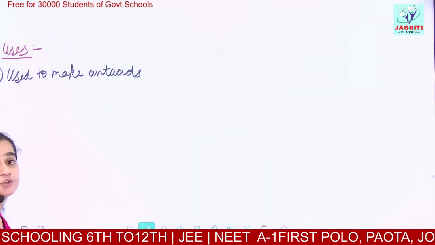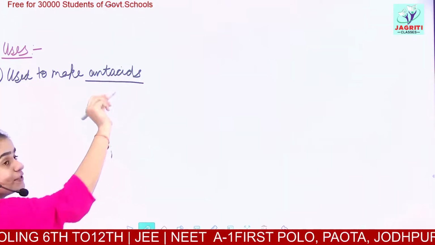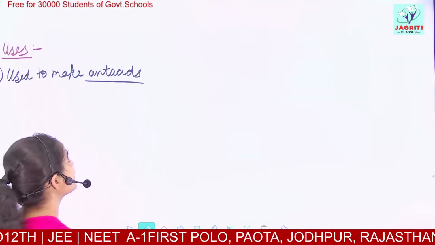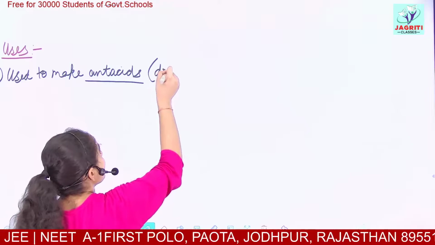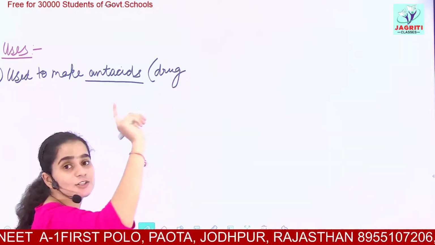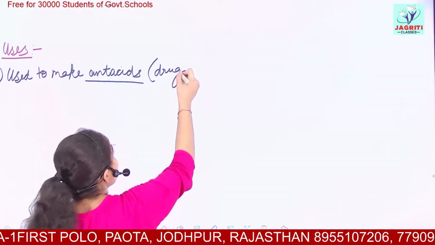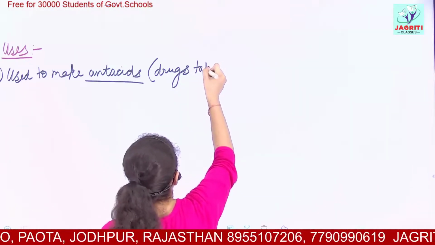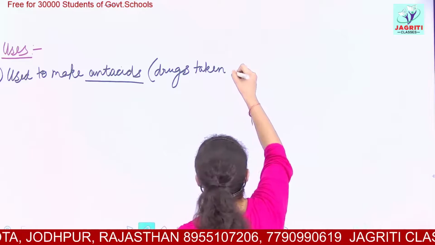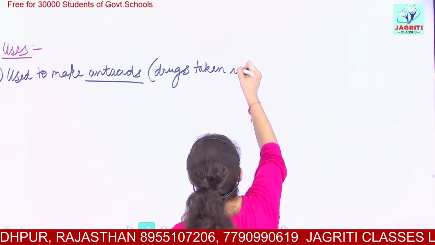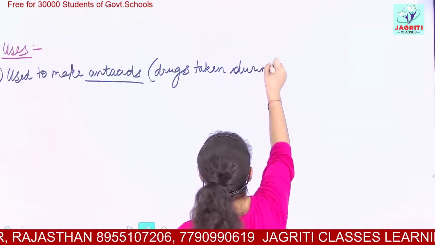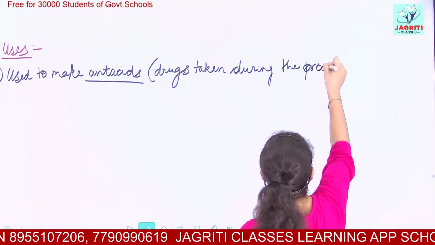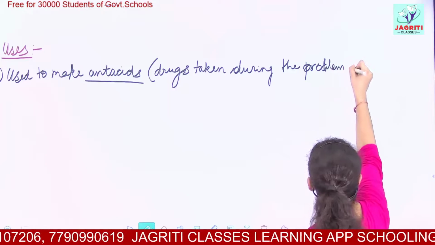The first use is, baking soda is used in the preparation of antacids. What do you mean by antacids? Antacids, as already discussed in the previous video lecture, are the drugs made up of chemicals which are prescribed by doctors, which are taken during the problem of acidity.